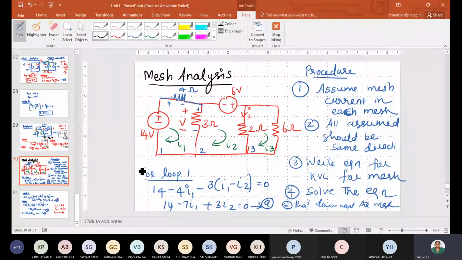So we need to find the voltage across this element. Accordingly, the polarity given is upper positive and lower negative.